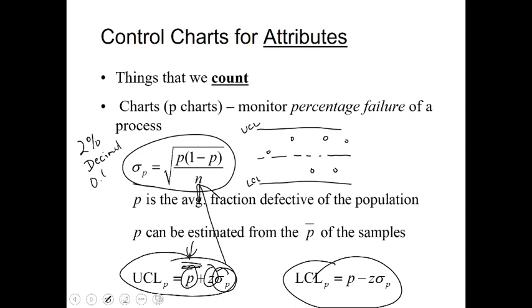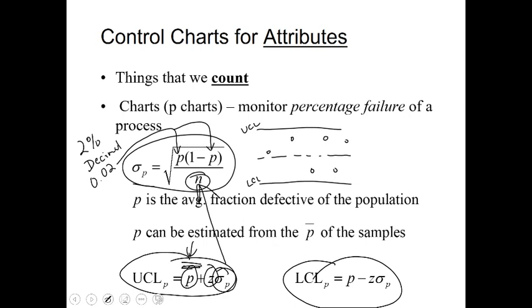That would be 0.02. That is what goes into your formula. You cannot put 2 into here. You have to put 0.02. So make sure you're using the decimal equivalent. N is your sample size as always.